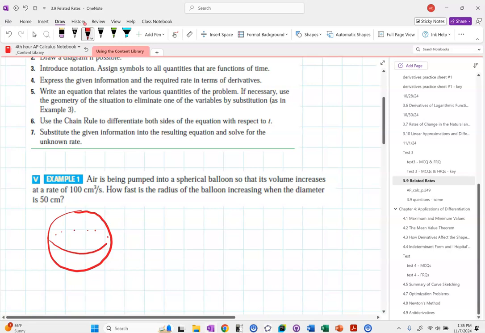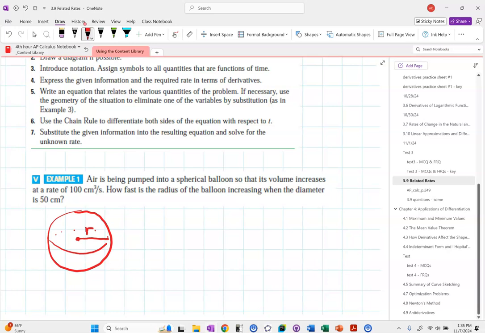What measurements do I need to describe a sphere? Just the radius, right? Everybody's okay there. So far, so good. There's my picture. Introduce the label.